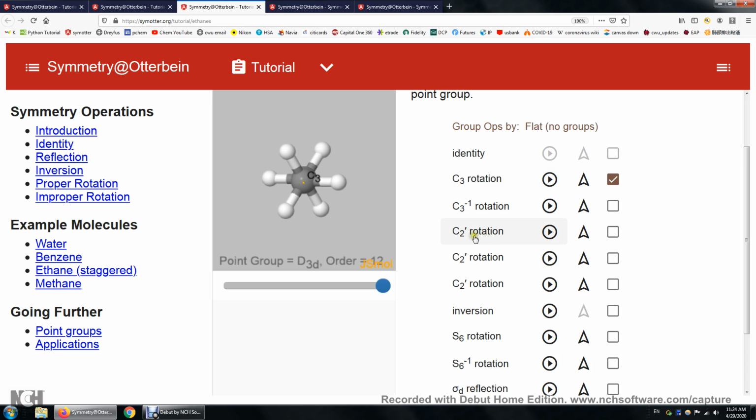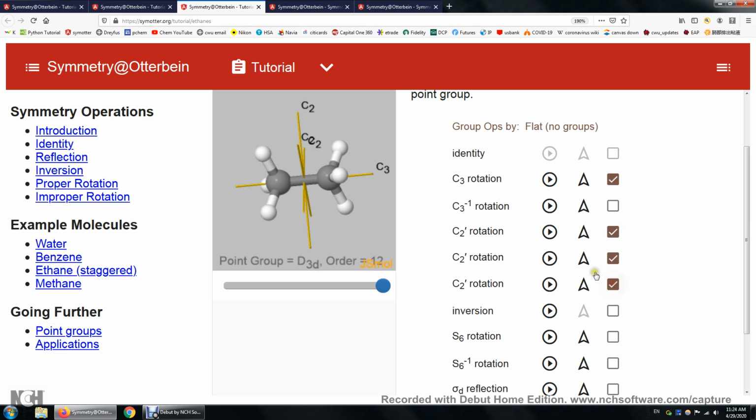How about C2? There are 3 C2 axes. These are not obvious, but I want to show you these 3 C2 axes are all perpendicular to the principal axis. 1, 2, 3. So if you have n C2 axes perpendicular to the Cn principal axis, you know the point group is going to be an uppercase D. Okay, so it's going to be Dn at least.